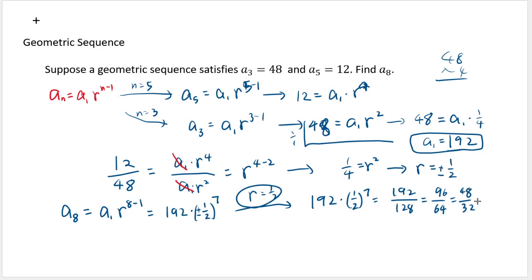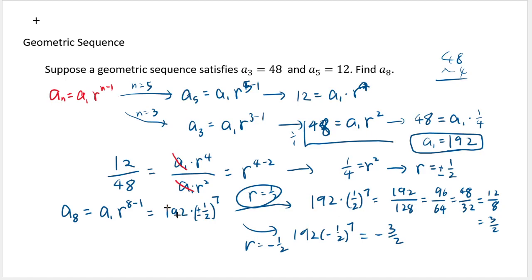Oh, and then you can divide top and bottom by 4, that's 12 over 8. And again, you can divide by 4, so it's 3 over 2. So that's what you get. And then when r is equal to negative 1/2, you get a negative because you have 192 times negative 1/2 to the 7th power. So that gives you negative 3 over 2.